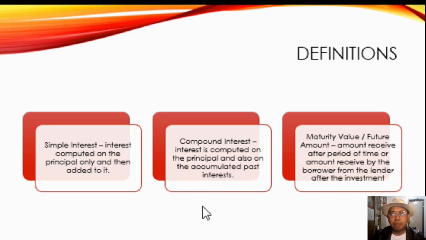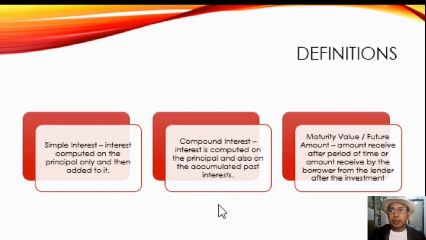So meaning to say, when we are going to compute for the compound interest of any loan, the very first one, you compute the interest from the principal amount, and if there is a succeeding computation of the interest, you add the accumulated interest to the principal, and that will be the new principal of the next computation.